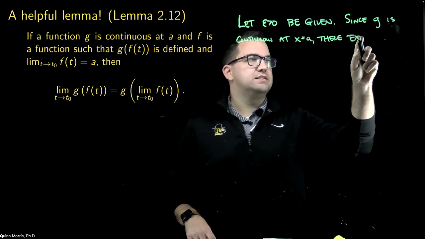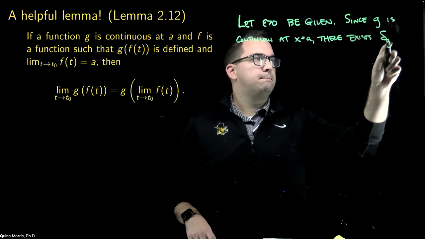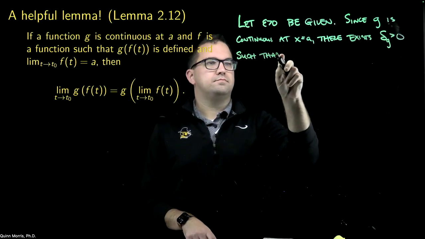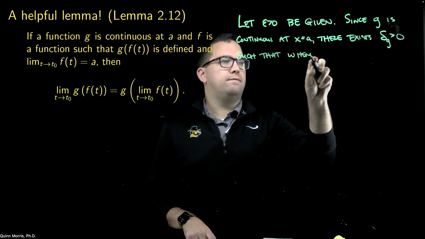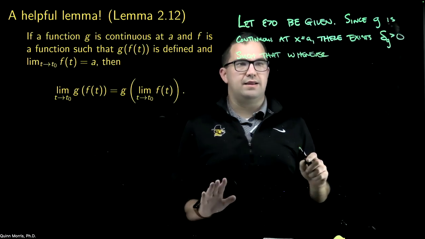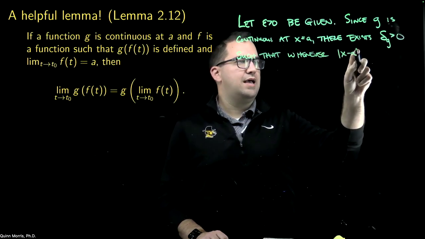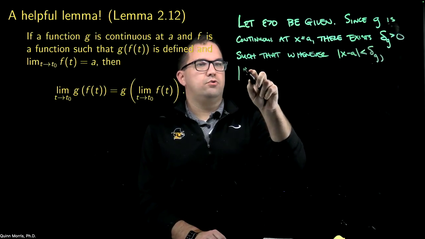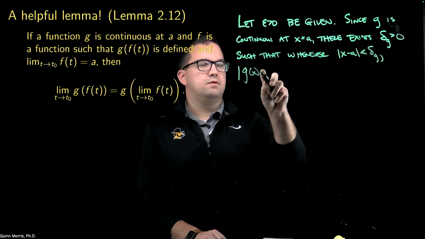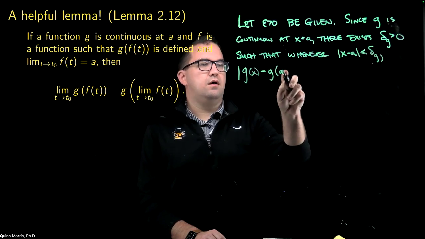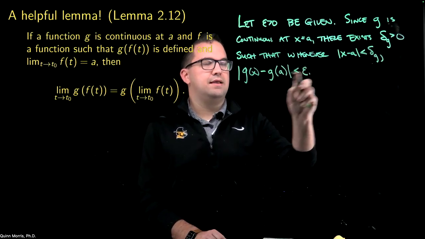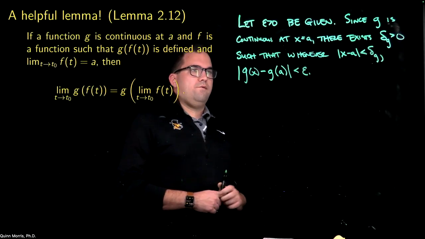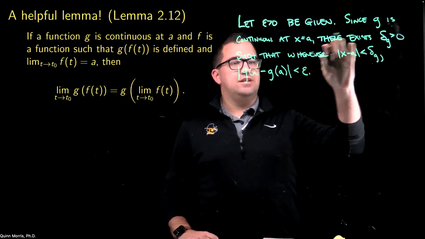So here we're going to say there exists a delta g greater than 0, such that whenever, I'm just writing down the definition of continuity, whenever the absolute value of x minus a is less than delta g, the absolute value of g of x minus g of a can be made less than epsilon. So that's using the fact that g is continuous at x is equal to a.